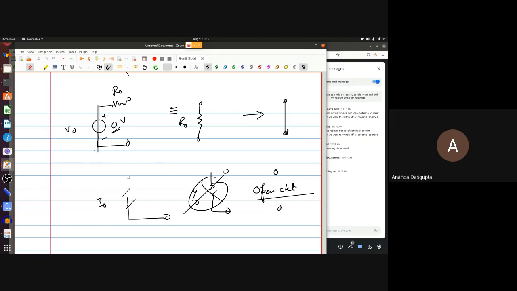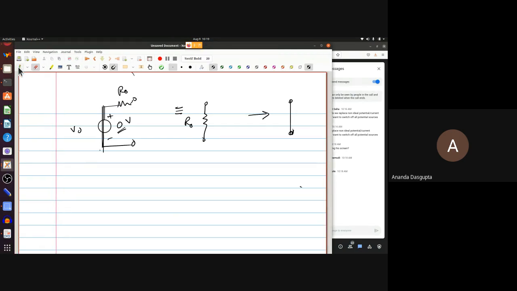So for a current source, let's take a look at this. I've already said this, but let me repeat this with the screen on. For a current source, you have this. This is a real current source: an ideal current source I0 in parallel with an admittance Y0.